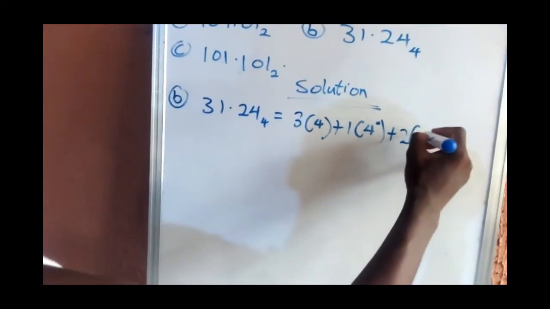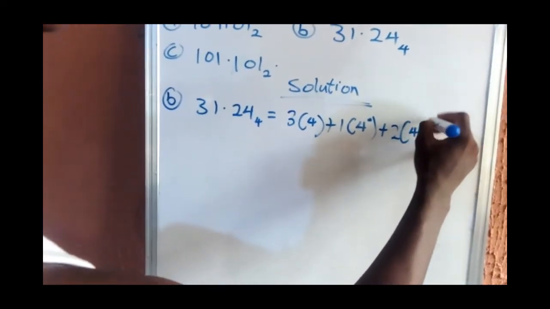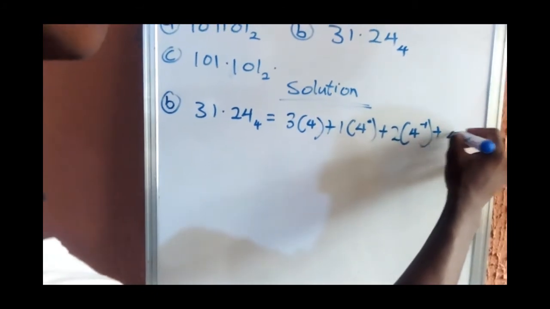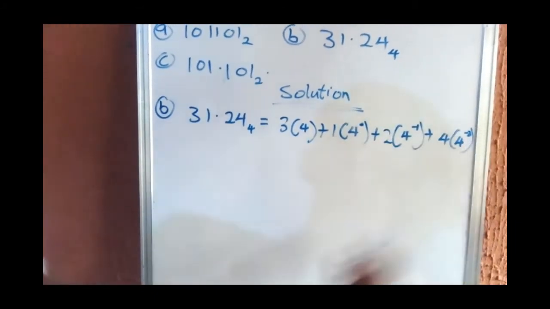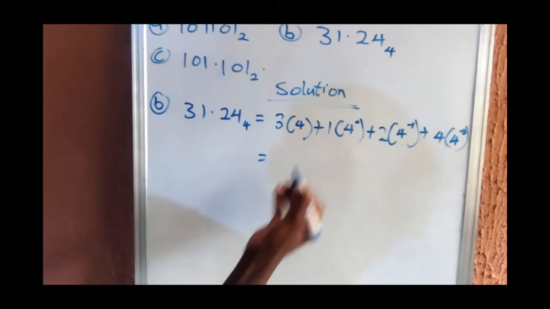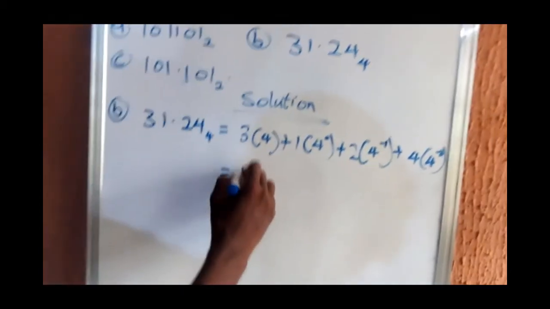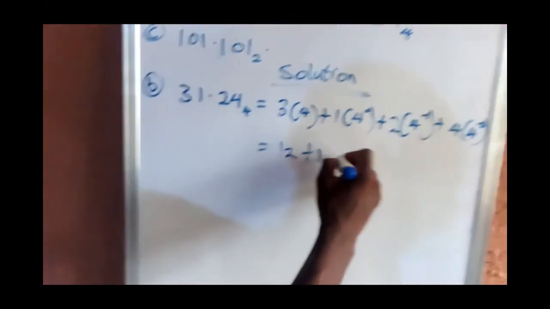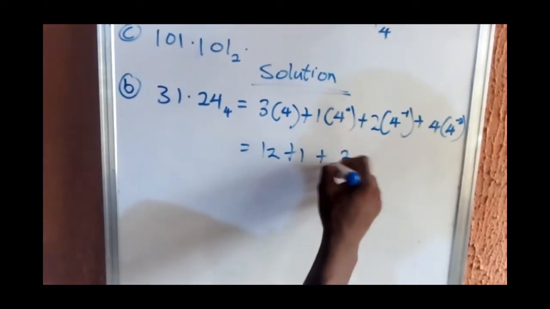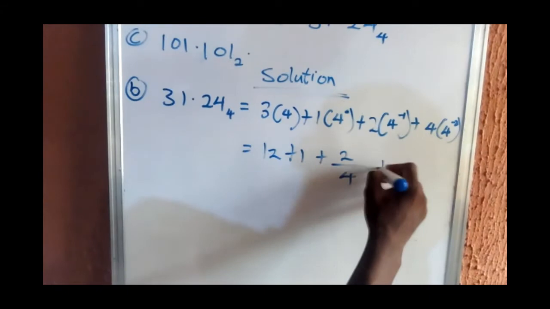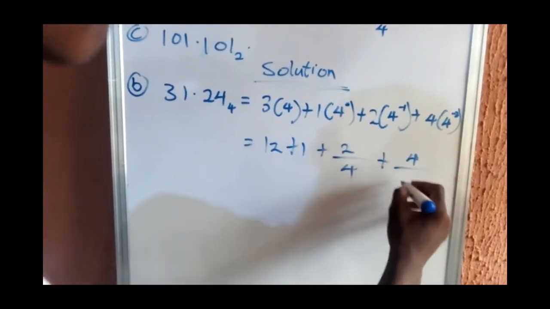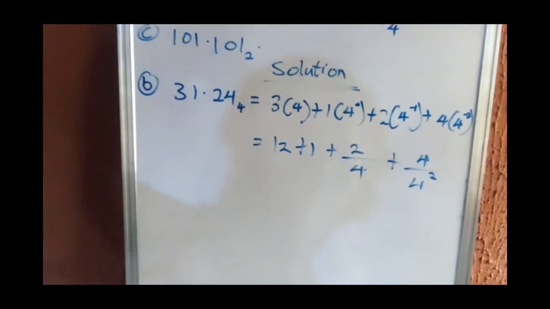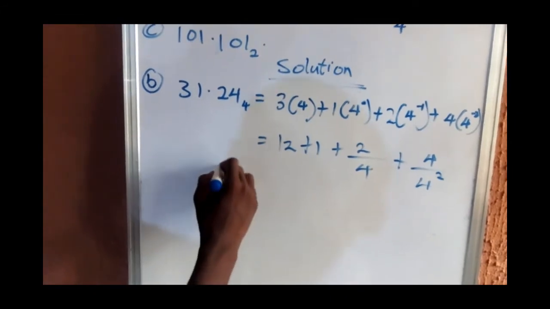So plus 2 into 4 raised to power minus 1 plus 4 into 4 raised to power minus 2. So 3 times 4 is 12 plus 4 raised to power 0 is 1. 1 times 1 is 1 plus this is 2 over 4 plus this is 4 over 4 raised to power 2. I want to take it step by step so that you can all understand.